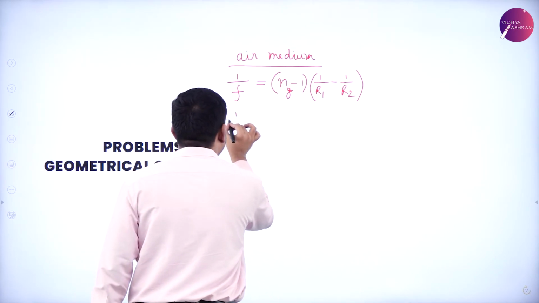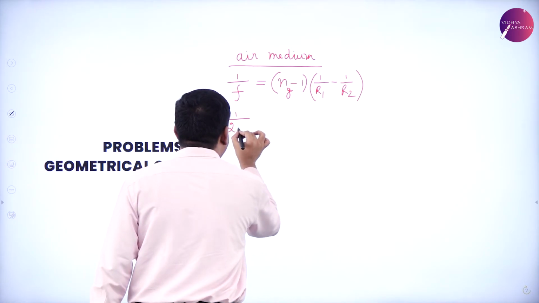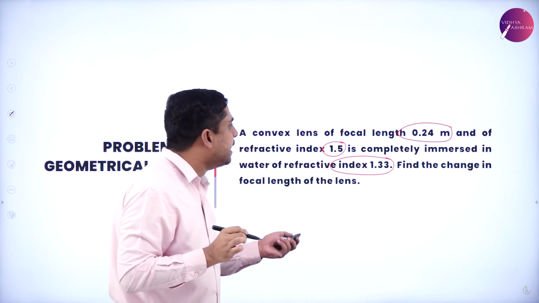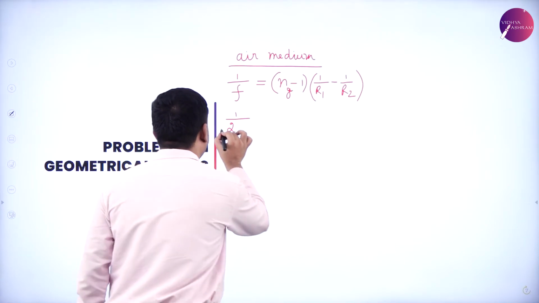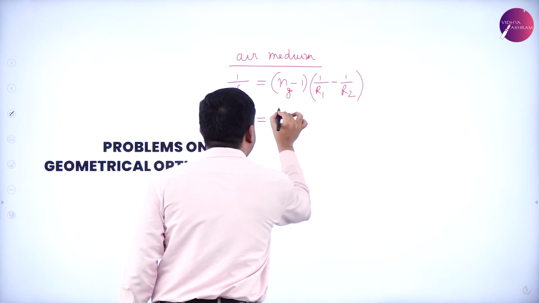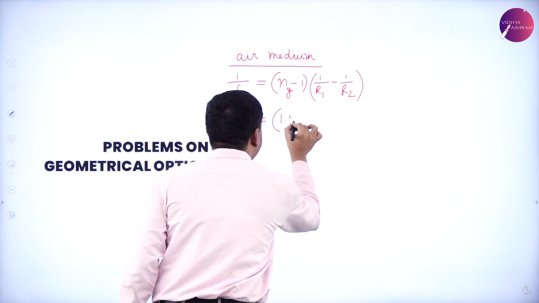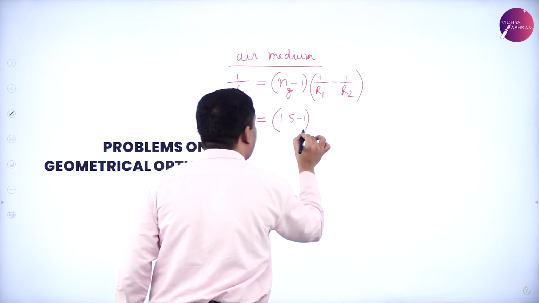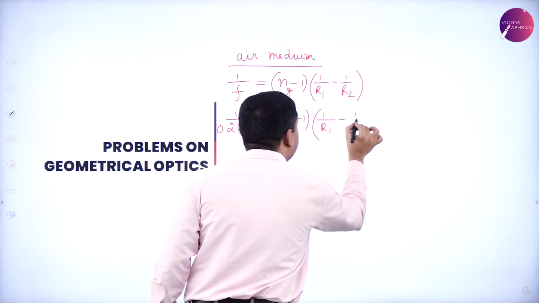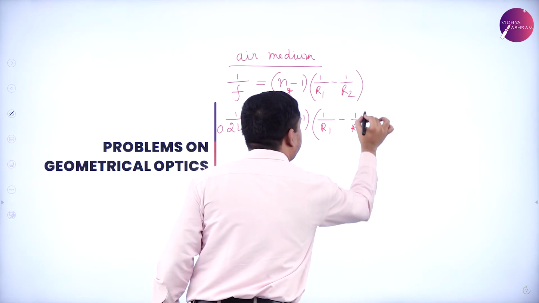So its focal length is given to be 0.24. So 1 by 0.24 is (1.5 minus 1) into (1 by r1 minus 1 by r2).